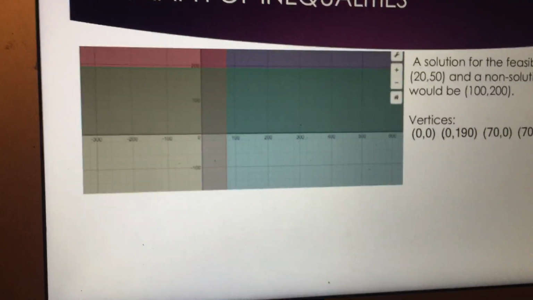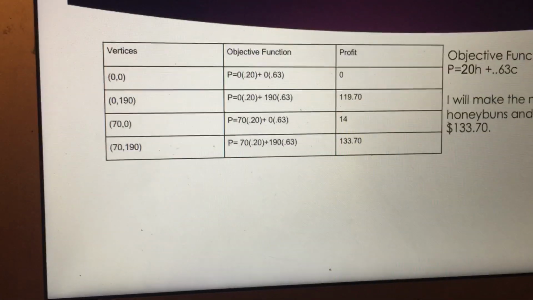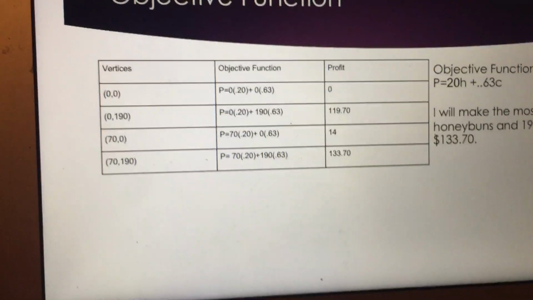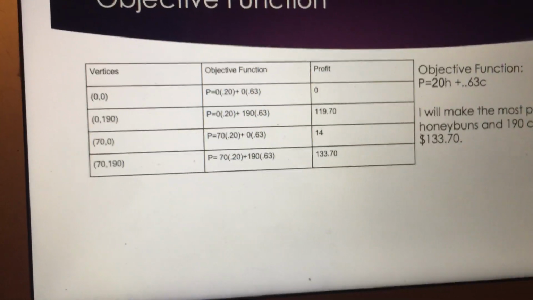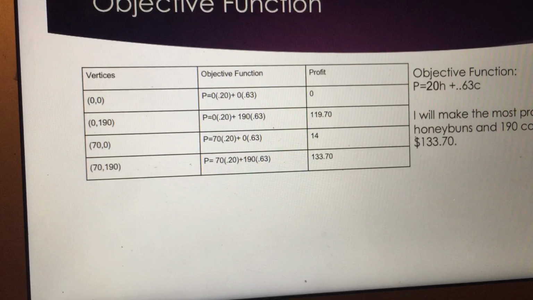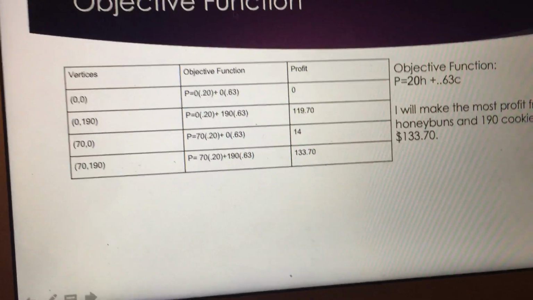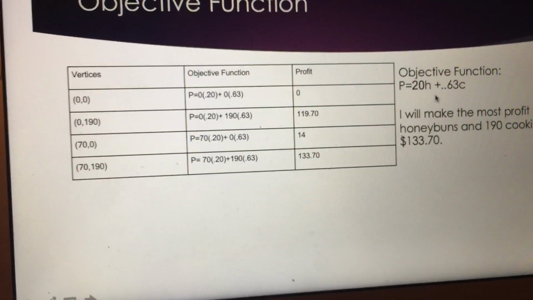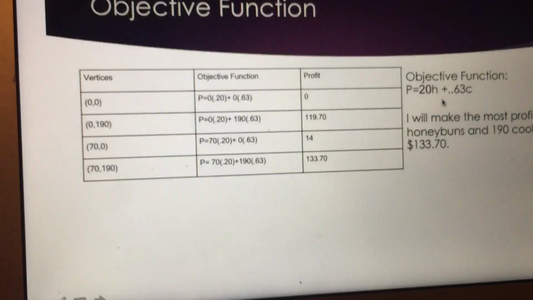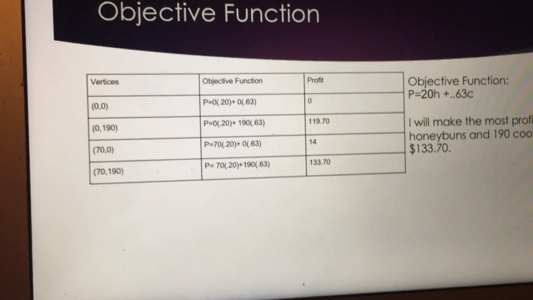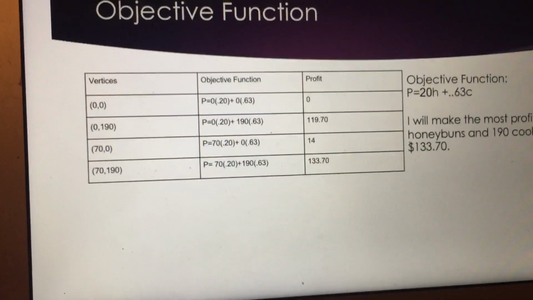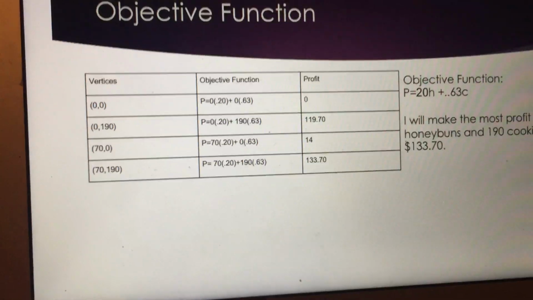After you find your vertices, we will write an objective function. Our objective is to maximize our profit. So I wrote a profit function based on our honey buns and cookies. These numbers you'll notice weren't in the actual word problem. These numbers are the actual profit on honey buns and cookies.